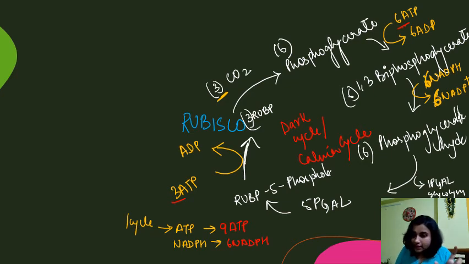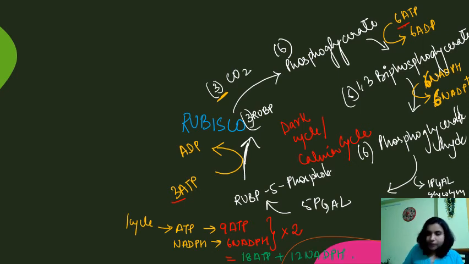This is for one cycle. Now this has to continue for 2 cycles, so into 2 is equal to 18 ATP plus 12 NADPH. So this much energy is needed to fix carbon dioxide.